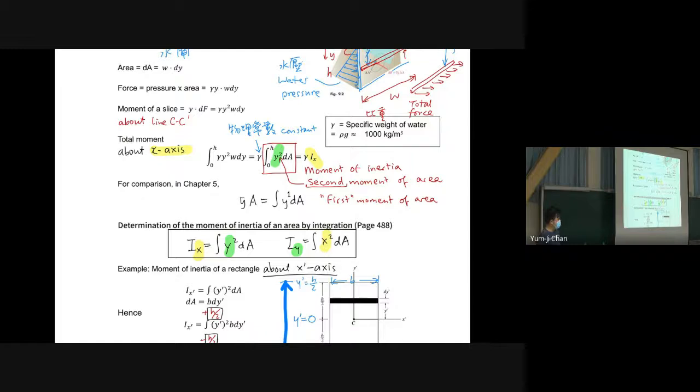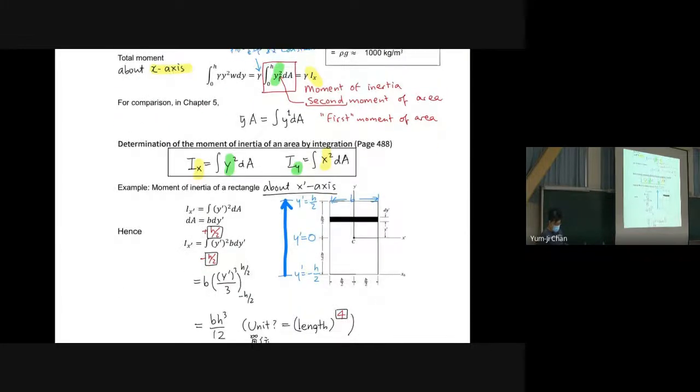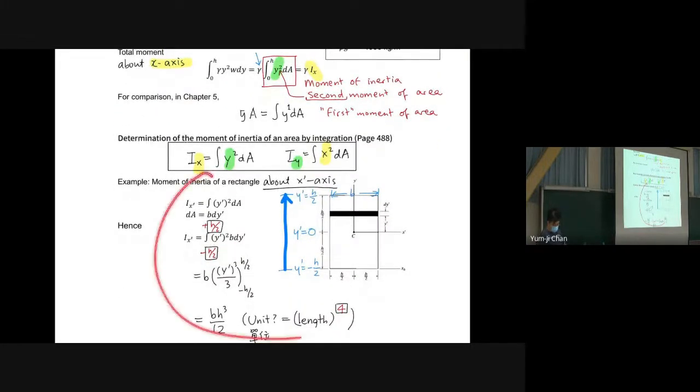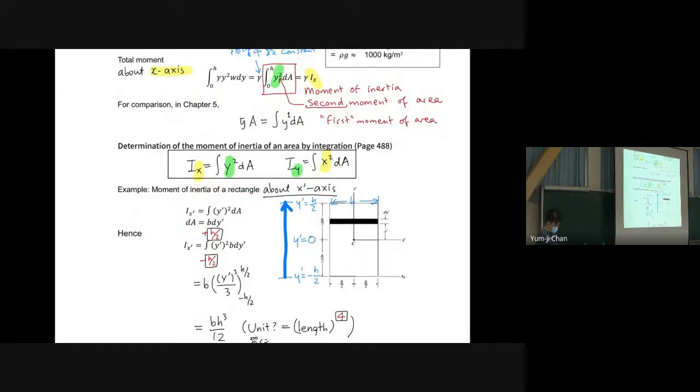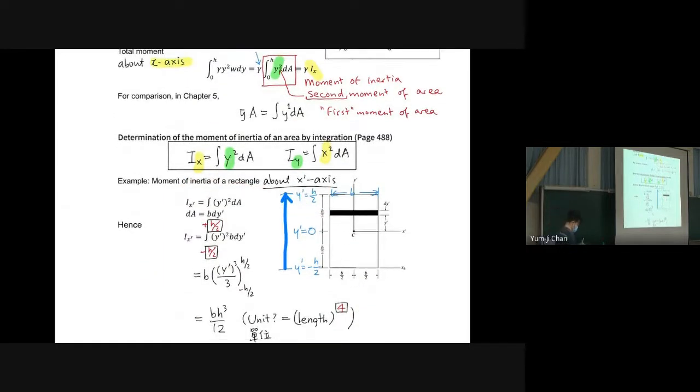Now we have an example of doing this, for this rectangle. For Ix prime about the x prime axis, we have Ix prime is equal to bh cubed over 12.